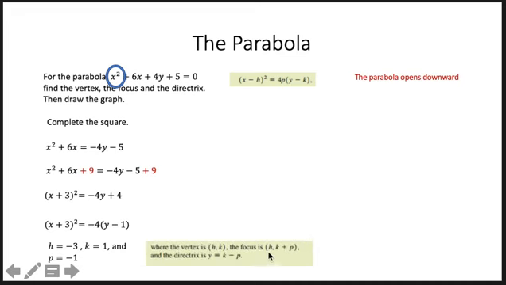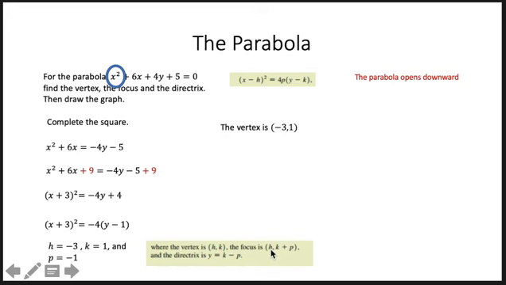Now, remember this from the previous screen, from that definition of the parabola in standard form. This is the guideline that helps me find the vertex, the focus, and the directrix. The vertex is (h, k). Well, h is negative 3 and k is 1, so the vertex is (negative 3, 1).